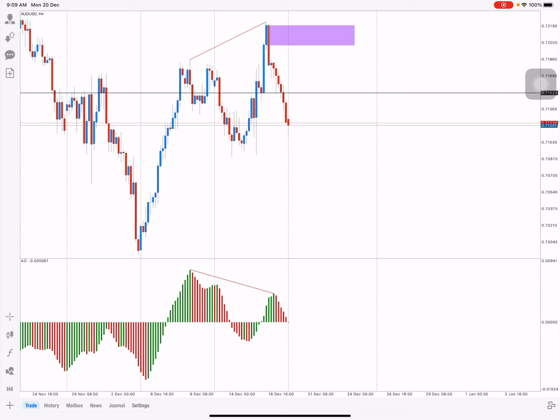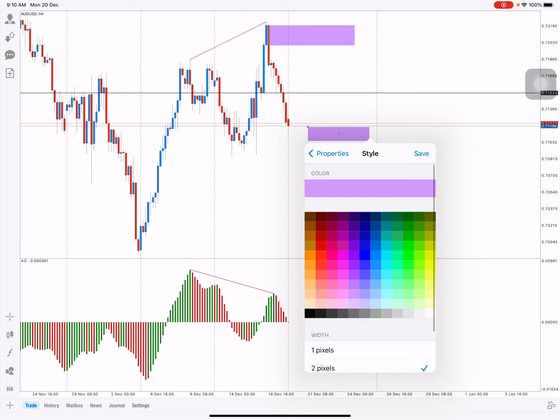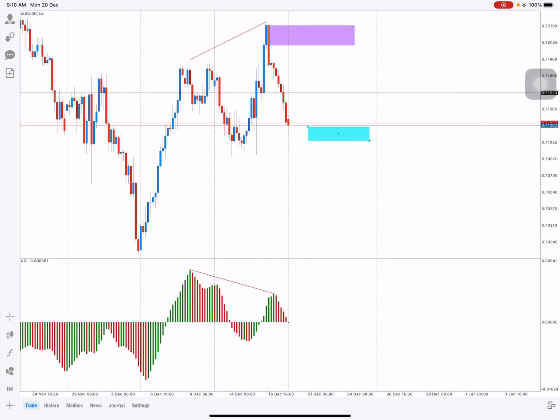Therefore, what we are waiting for is a pullback on this downtrend. If the price comes back to this area of resistance, then it is most likely that I will take an entry depending on the current situation. This is where I see my level of resistance, where price is most likely to halt and then continue the downtrend.